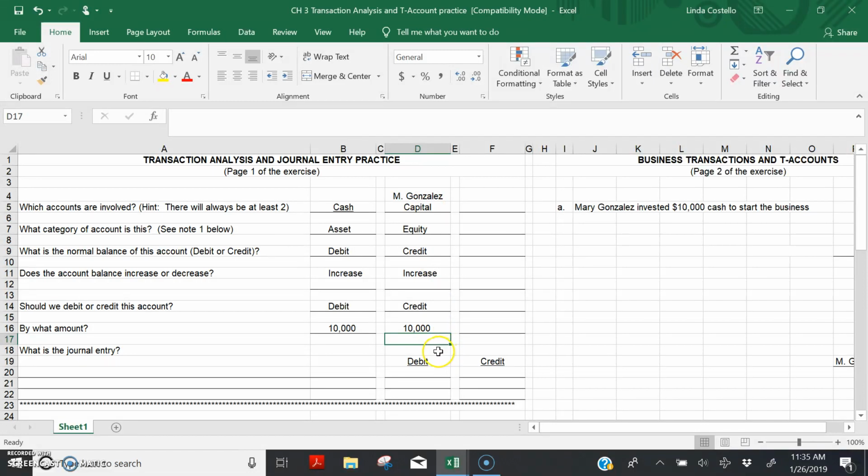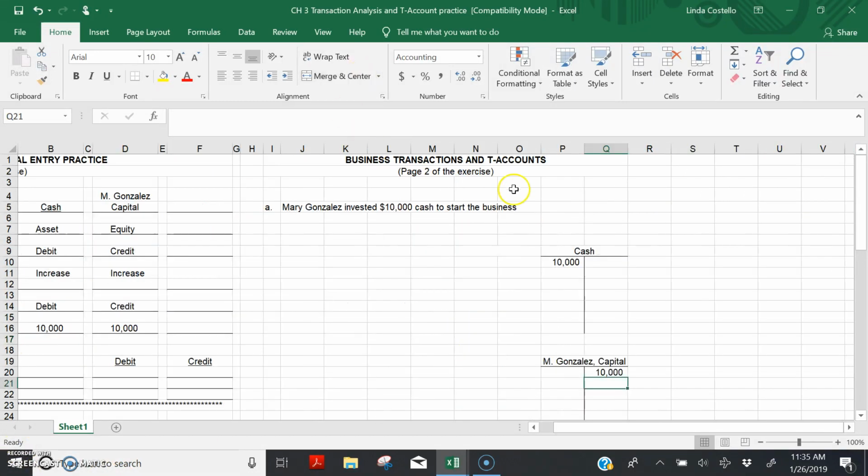Let's post it to the T accounts. Debit cash $10,000 by posting a debit on the left and credit capital $10,000 by posting the credit on the right. Then stop and check your work.